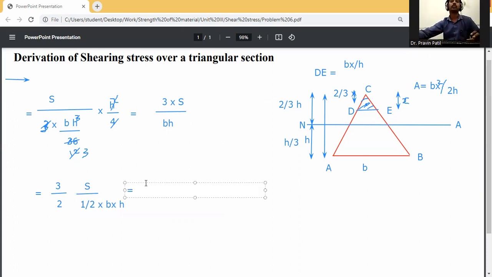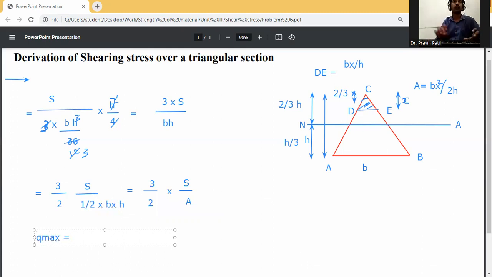So 3 by 2 into S by area. S by area means it is Q average. So Q max is equal to 3 by 2 Q average.